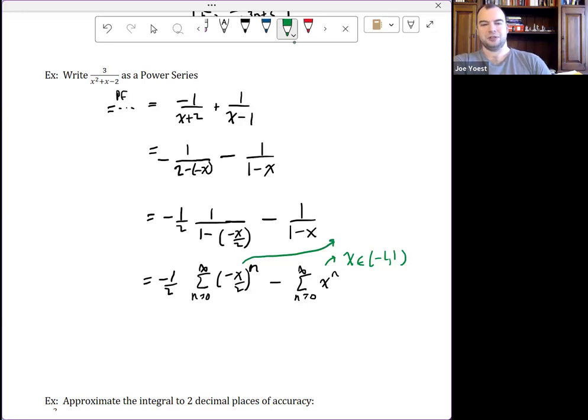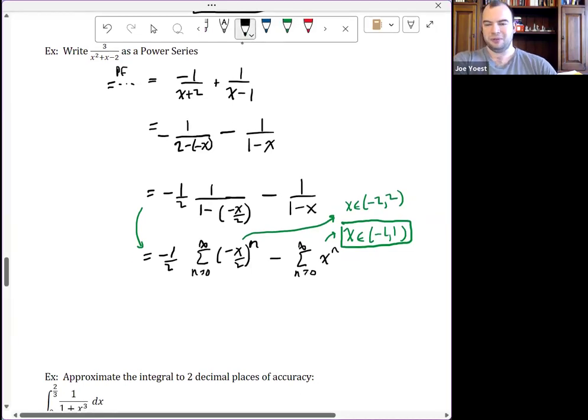And the first series is good for x in open minus 2 to 2, when x over 2 is in minus 1 to 1. We'll pick the more restrictive of the two so that everything works. And that'll be our domain restriction. So when x is in open minus 1 to 1, we can make this change here, and that's valid.